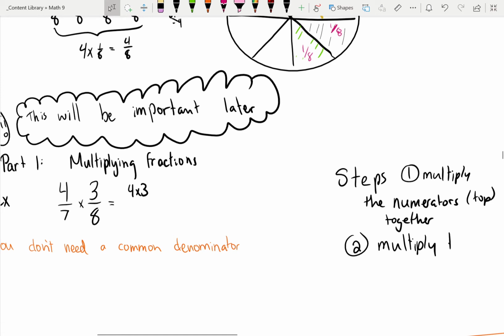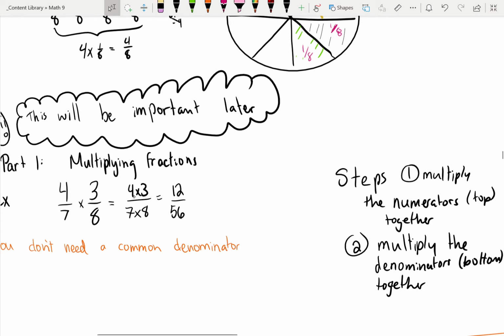Step 2 is going to be multiply the denominators together, or the bottom. So in this case, I would do 7 times 8. Whoops, not 78, 7 times 8. So this is going to give me 12 over 7 times 8. This is going to give me 56.